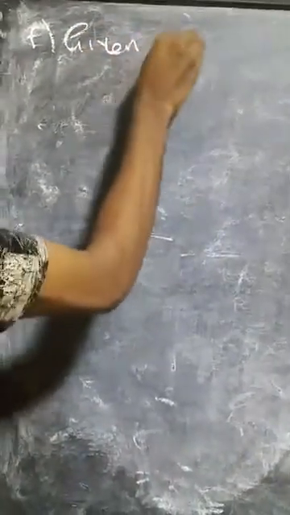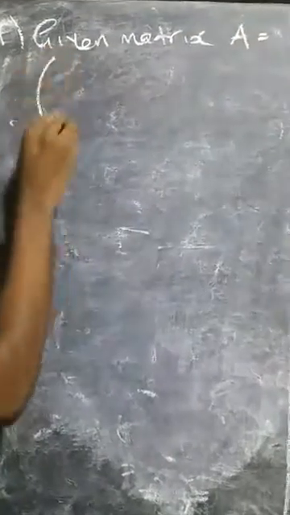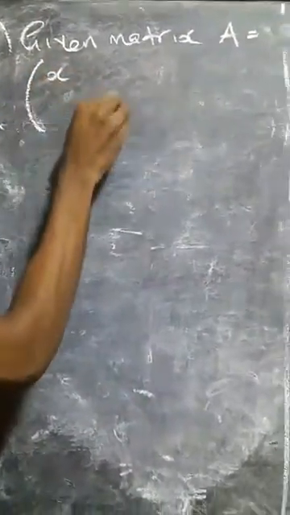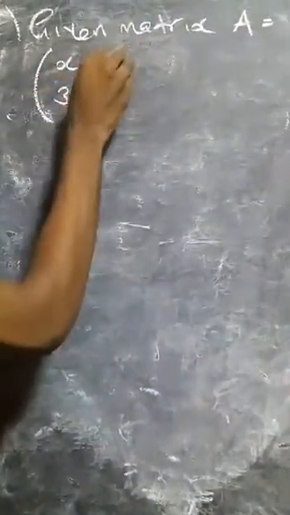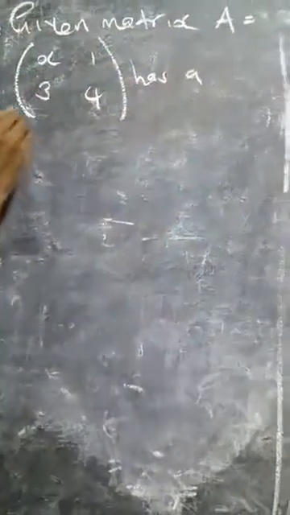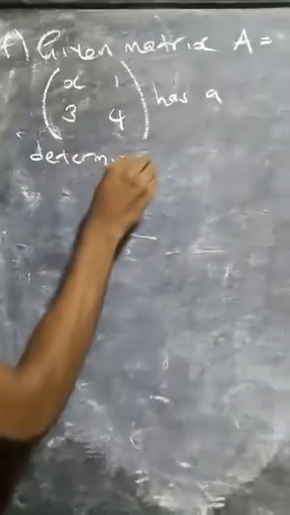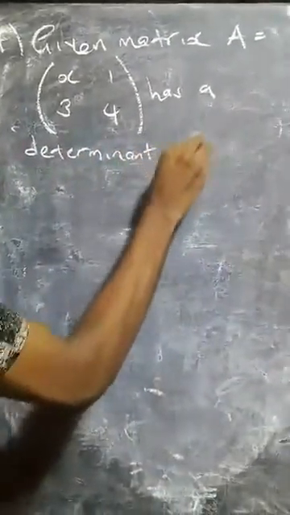So let's look at F. Given matrix A, which is equal to x, 4, 3, 1, has a determinant of 3.